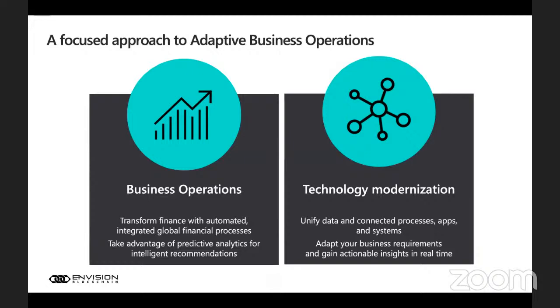But from a business-first approach, it was important to take a look at the business operations and how you can start to take advantage of all this automated finance and integrated global financial processes, how you can start to take advantage of predictive analytics for intelligent recommendations, and how you can unify data and connected processes between your apps and your systems, and really adapt to your business requirements in real time.